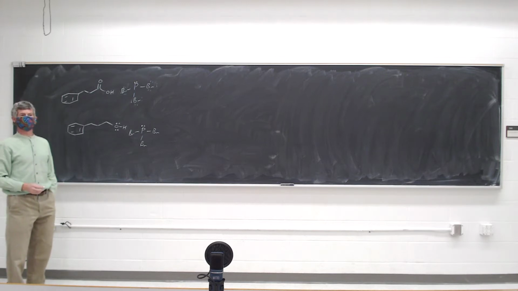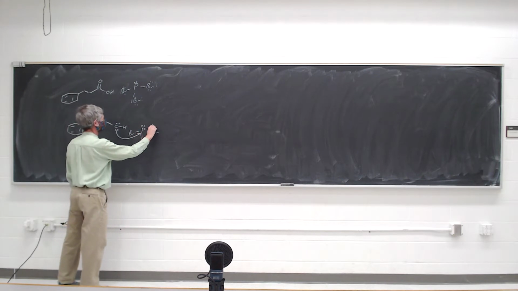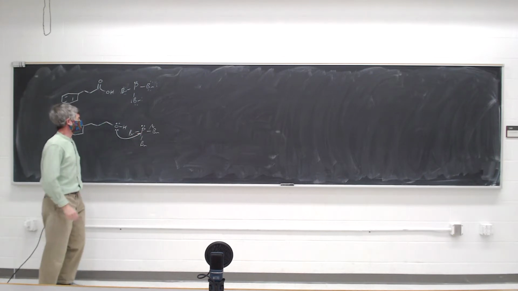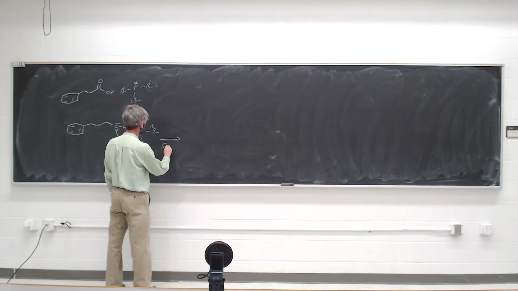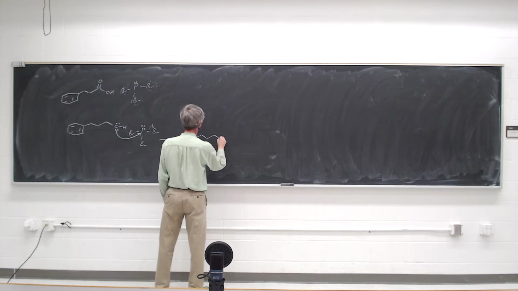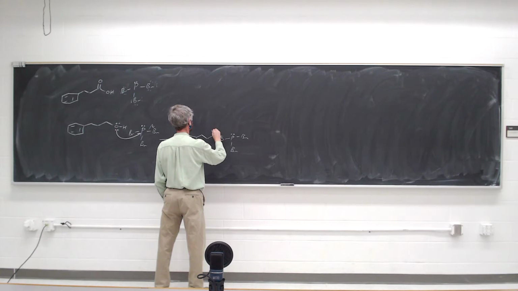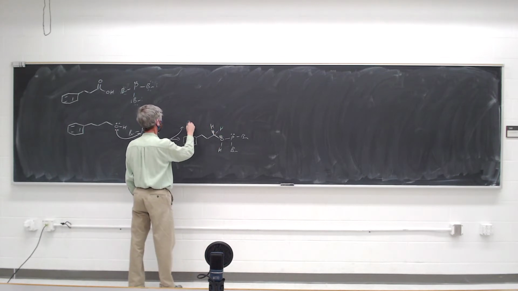Oh, so can the oxygen of the alcohol attack the phosphorus? The SN2 reaction. SN2 reaction at phosphorus, and kick out bromide.